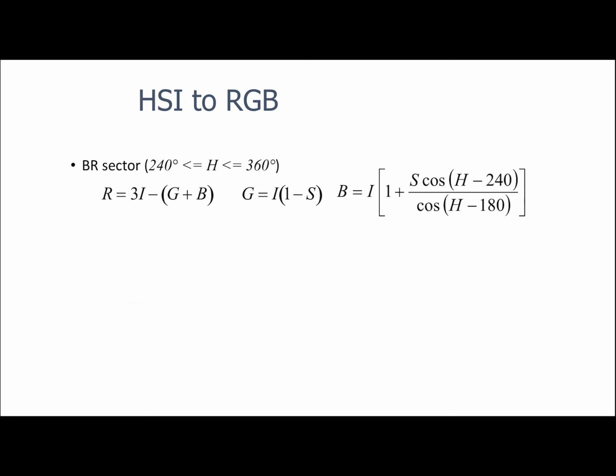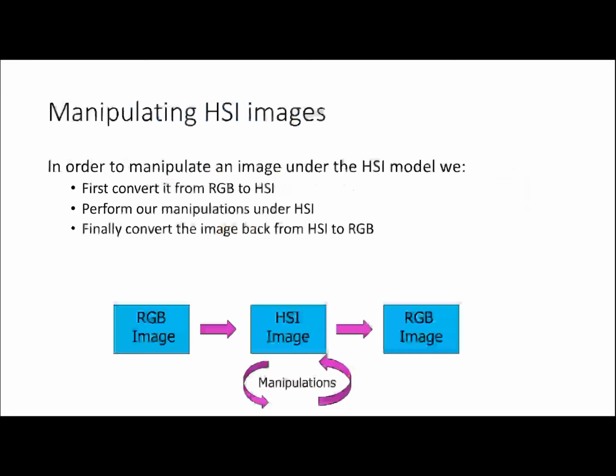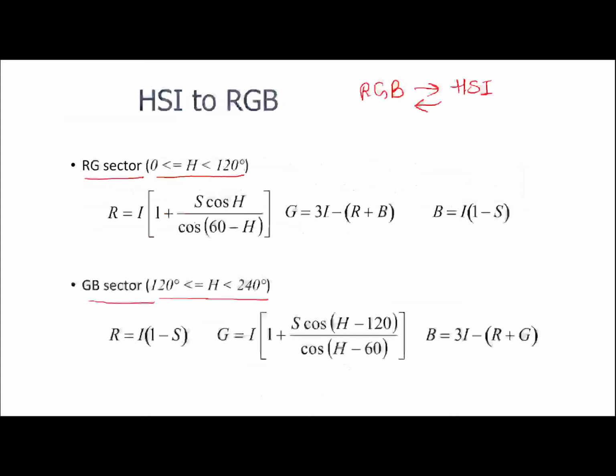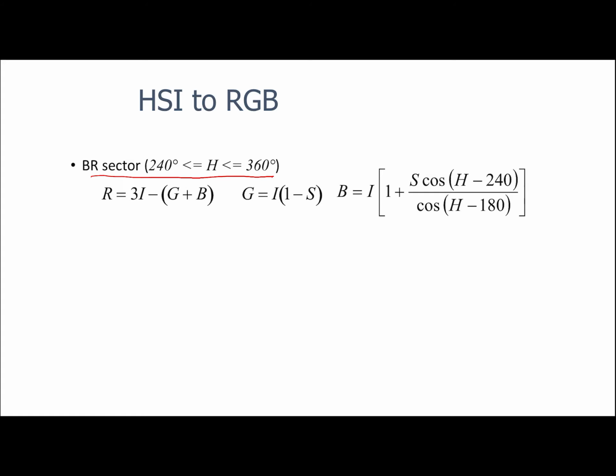And the third is the BR region, in which H lies between 240 degrees and 360 degrees. In all these regions we can compute the RGB components using these simple relationships.